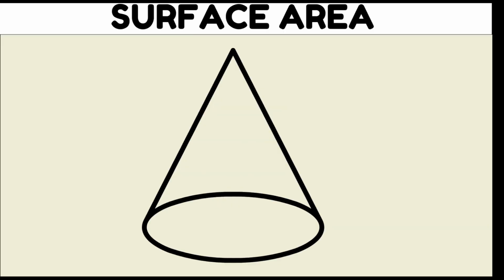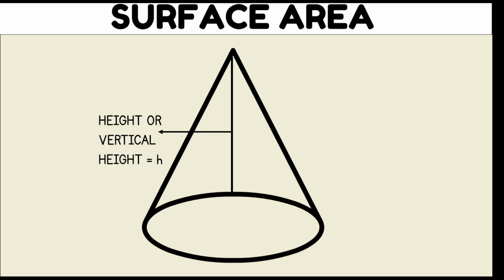This is a cone. Let's label the important parts of this cone that will help us in solving the surface area of a cone. This part is the height or the vertical height, and this is denoted as h.